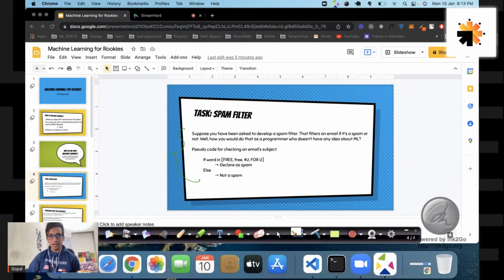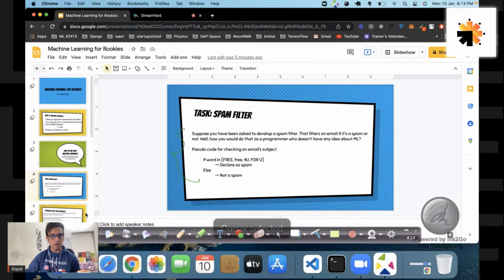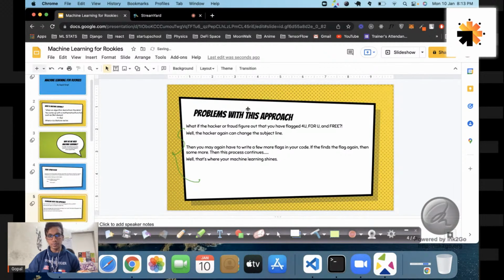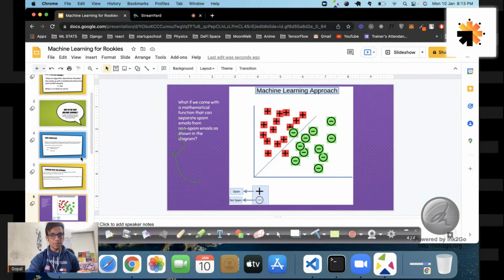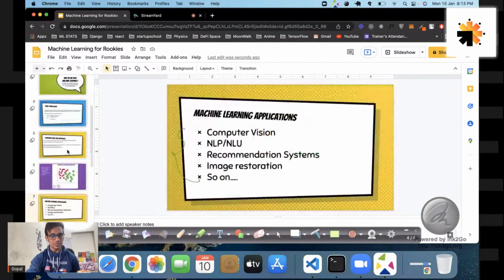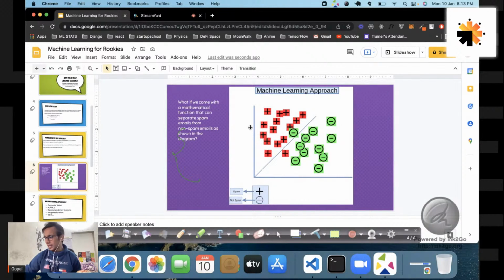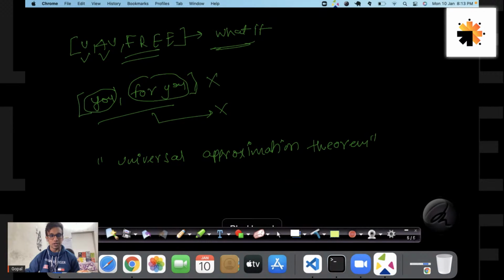Coming back to it, we have already explained the problems with this approach. So let's try to understand, what if I come up with such a function? Let's say you have emails.